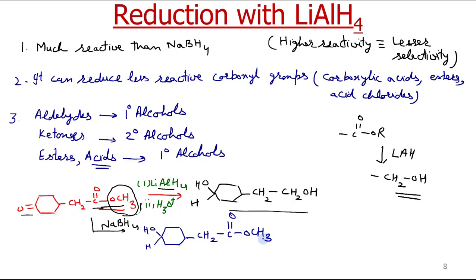If we reduce this with sodium borohydride, this will be the product, only this carbonyl will be reduced. But if we reduce it with lithium aluminum hydride, both these carbonyls will be reduced and the product will be this. So this was the reaction with sodium borohydride and lithium aluminum hydride, and we also discussed the various similarities and differences between them.